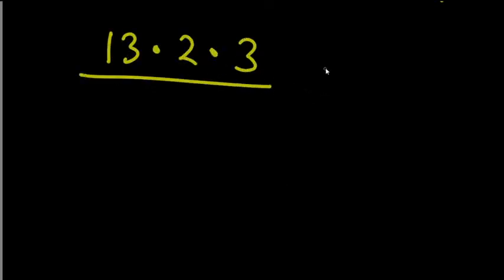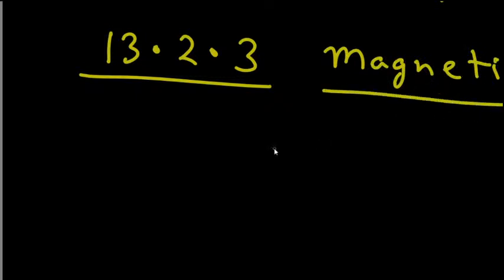We move forward to today's topic, which is 13.2.3, the magnetic field due to a current carrying circular loop. We had understood in the previous class the magnetic field due to a straight current carrying conductor.